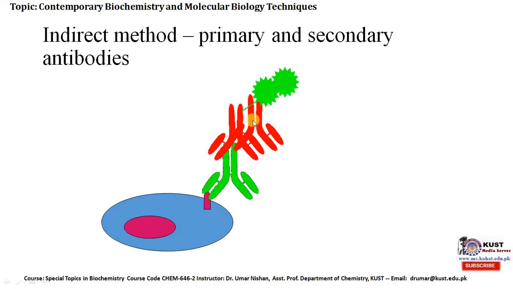What is meant by signal intensity? It means that the signal we will get is enhanced, because the primary antibody has the ability to bind with multiple secondary antibodies, and this enhances the signal that we will get on the microscope.